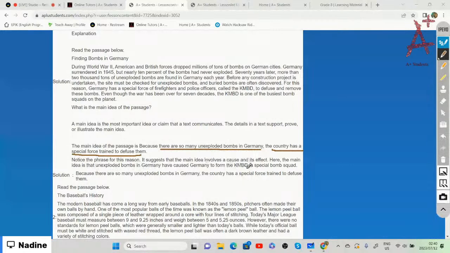So the fact that they still have unexploded or buried bombs is why they now need the KMBD, the special forces, which consist of police officers as well as firefighters. We also call them a special bomb squad, and the special bomb squad is there to defuse and remove these bombs that are either still unexploded or still buried elsewhere.